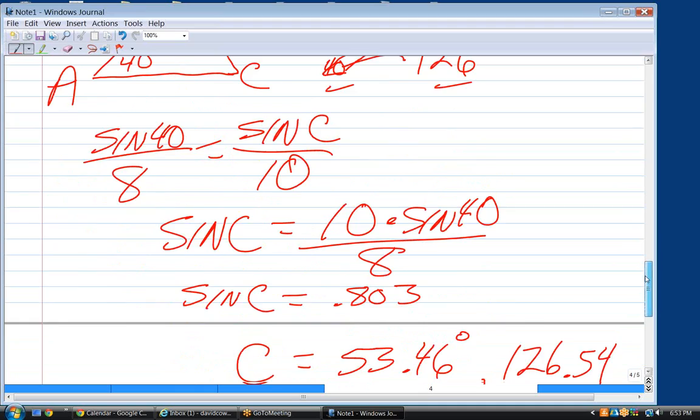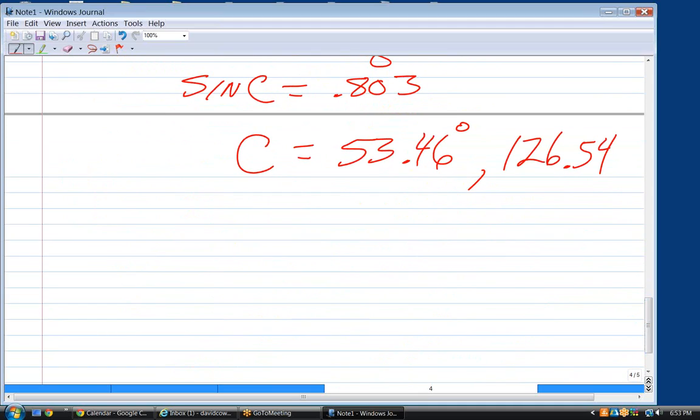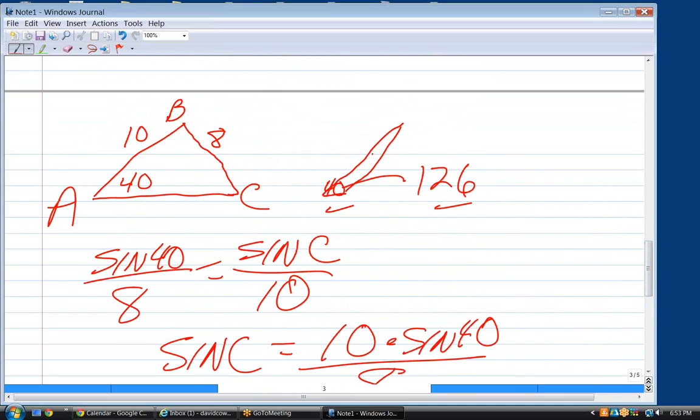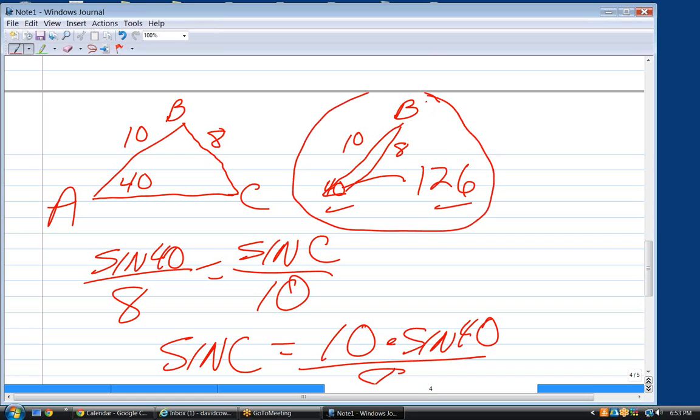It's when you go to solve for C, if you get two possible solutions and they are both possible, then you can have both those angles. Now notice that in this second drawing, B is different. That's okay. Everything else is the same. That's still 10, that's still 8, and that's still 40. So the three key pieces of information that we were given, the only three pieces, fit this triangle also, as well as this one.